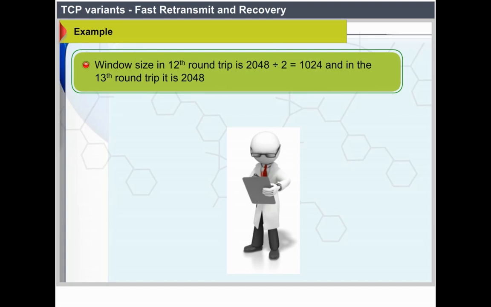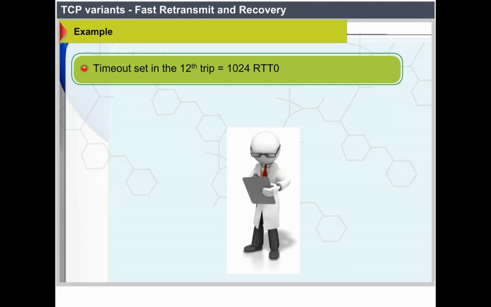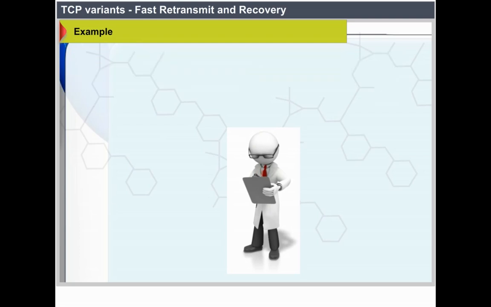Window size in the 12th round trip is 2048 divided by 2, equal to 1024, and in the 13th round trip it is 2048. Timeout set in the 12th trip is equal to 1024 RTT0. Timeout set in the 13th trip is equal to 2048.